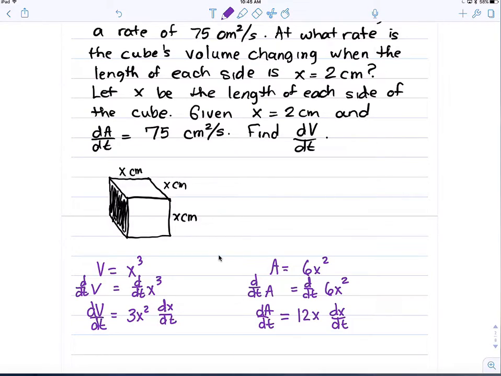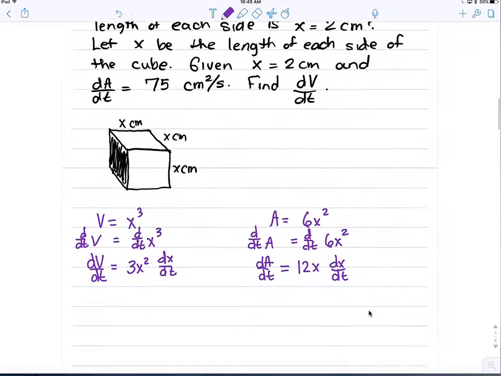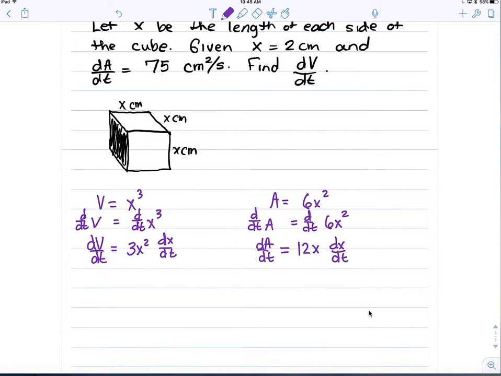Okay, now I noticed that over here I have dx/dt, so if I was to solve this term for dx/dt, I could probably find out some information. I could plug in some values there. So what could I do over here to get dx/dt by itself? Divide both sides by 12x or multiply by 1 over 12x.